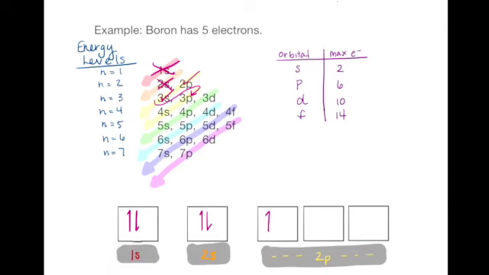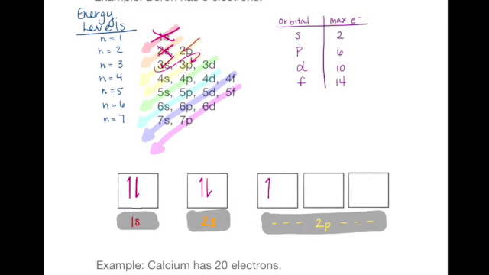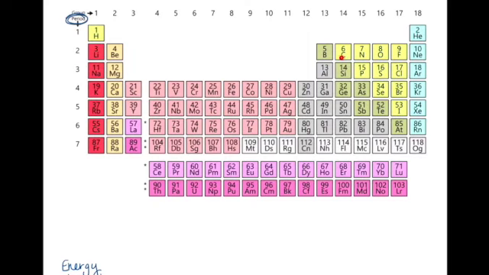It's important to note that whenever you're doing the orbitals p, d, and f, you want to make sure that you fill in all the suborbitals before you start pairing up the electrons. So let's say that instead of boron, we did carbon, which has 6 electrons.